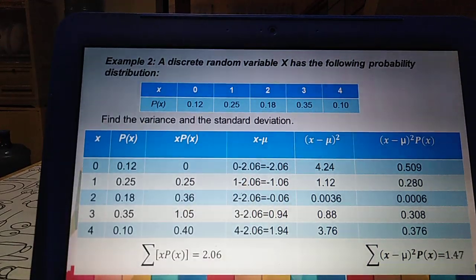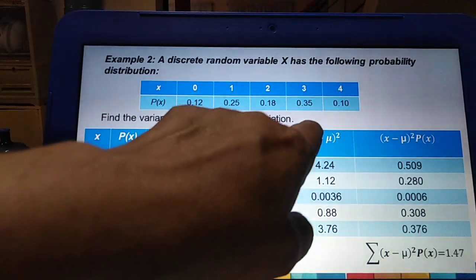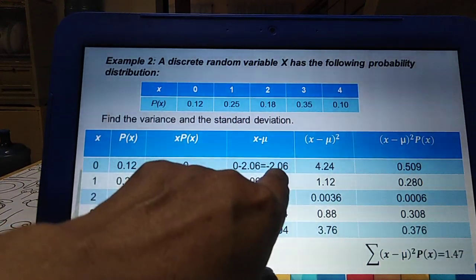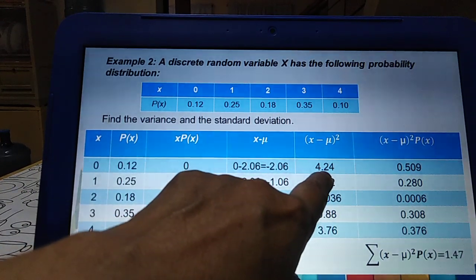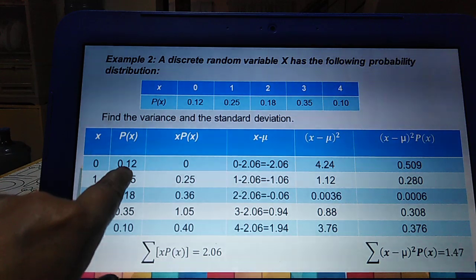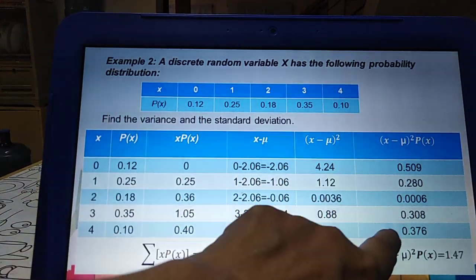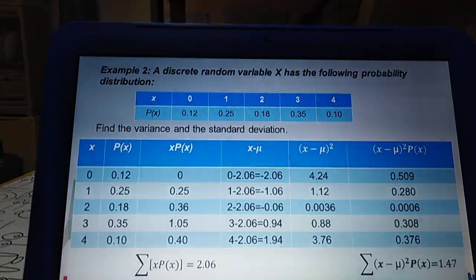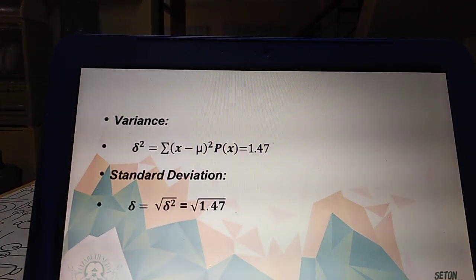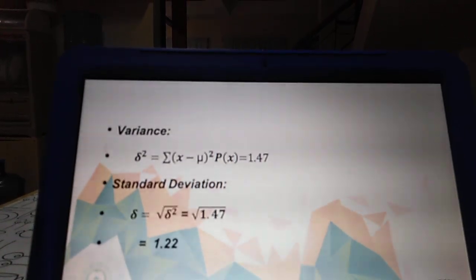The answer from here is to be squared. We square 2.06, so I get 4.24. And then this 4.24, I multiply by the probability 0.12 and it will give me 0.509. Adding everything up, I get my 1.47, which is my variance. And the square root of the variance 1.47 is 1.22, which is now our standard deviation.